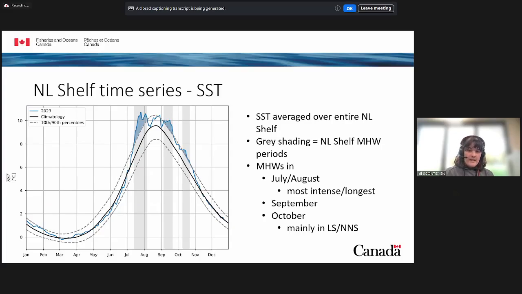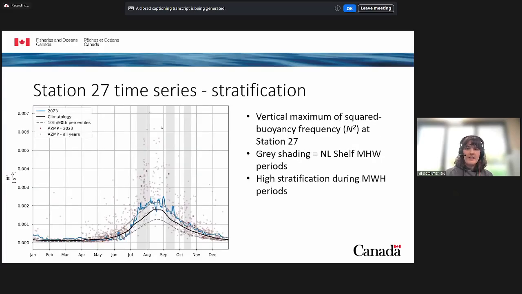I'll be next exploring how factors like winds and stratification are linked with these marine heat wave periods. First, stratification. Here we're plotting the vertical maximum of the squared buoyancy frequency at station 27, calculated from GLORYS 12.